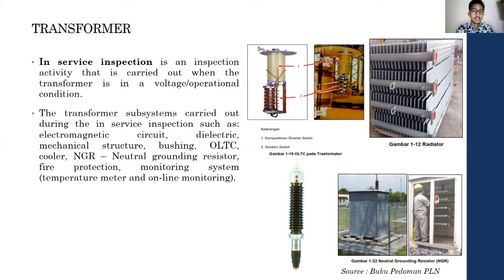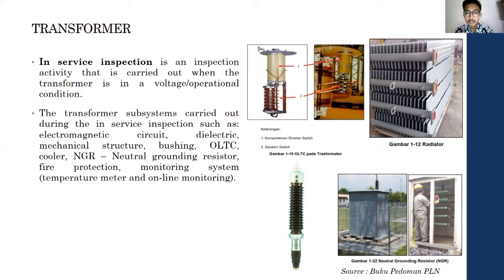In-service inspection is an inspection activity that is carried out when the transformer is in a voltage or operational condition. The transformer subsystems carried out during the in-service inspection are such as electromagnetic circuit, dielectric, mechanical structure, bushing, OLTC or on-load tap changer, cooler, NGR or neutral grounding resistor, fire protection, and monitoring system, including temperature meter and online monitoring.